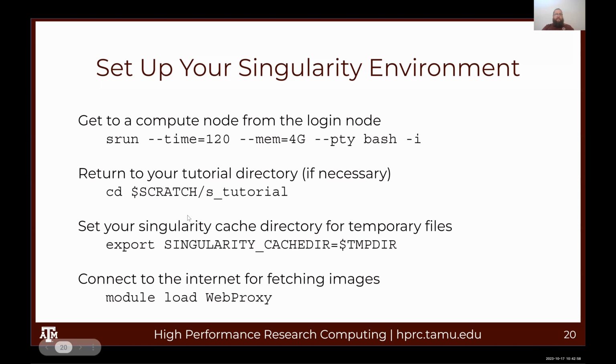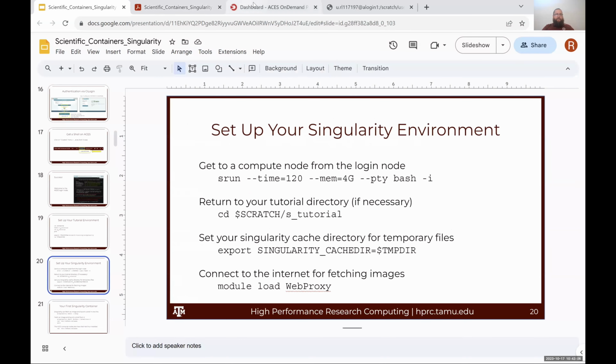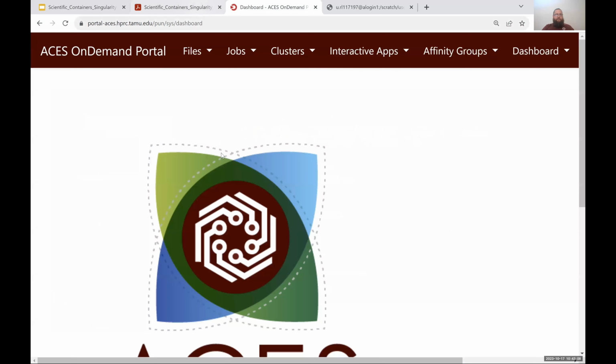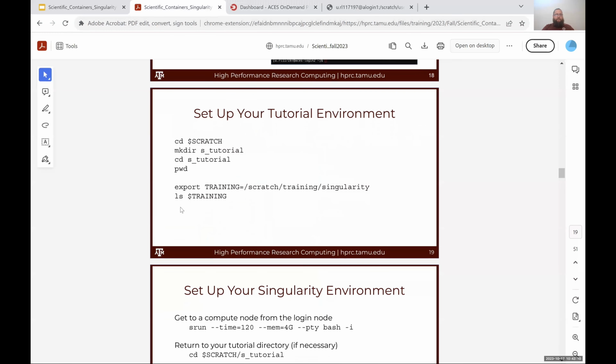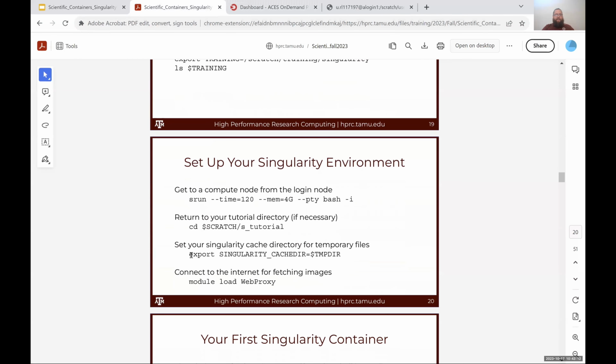So you need to copy this export Singularity cache directory line from your PDF into your terminal. So I am on slide 20. Export SINGULARITY_CACHEDIR equals $TEMPDIR.